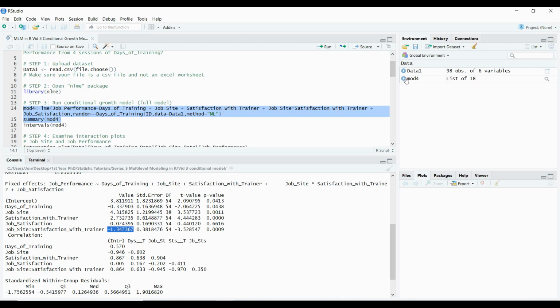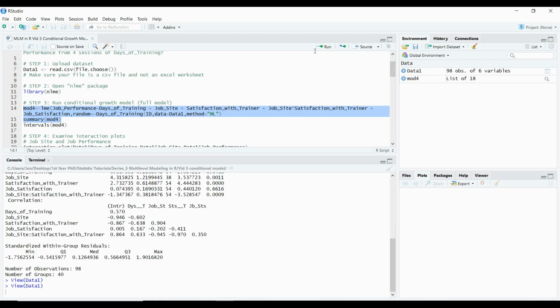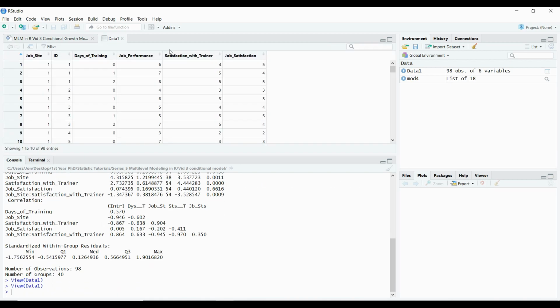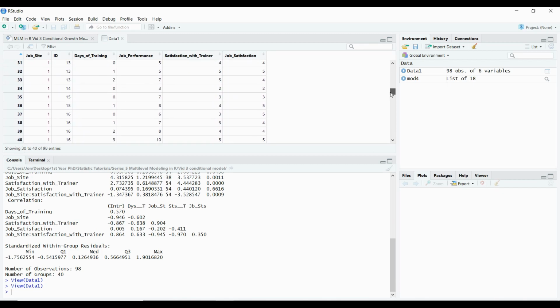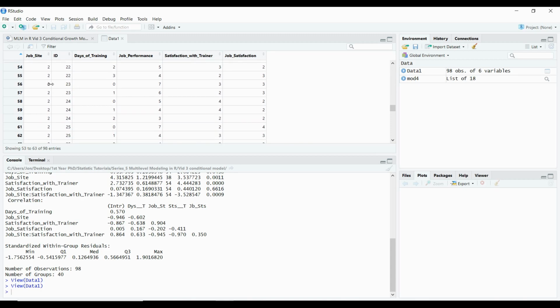So for example, if I quickly go over to data 1, I have job site coded as 1 and the second job site coded as 2.